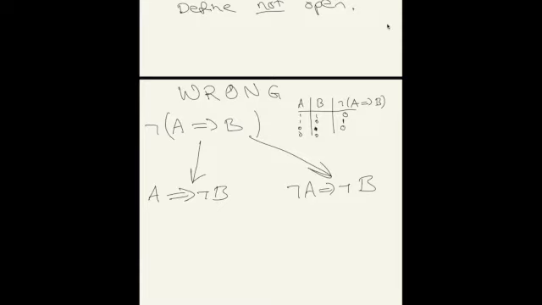And when A is false, then the implication would be true, so the negation forces it to be false. If you compare it to these other statements, then there are differences. They are small, but they are crucial.